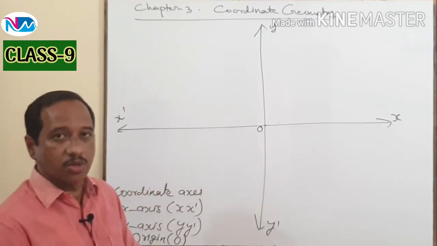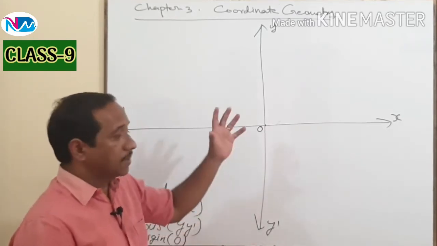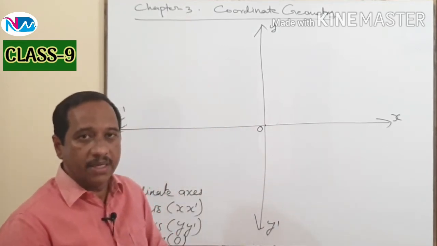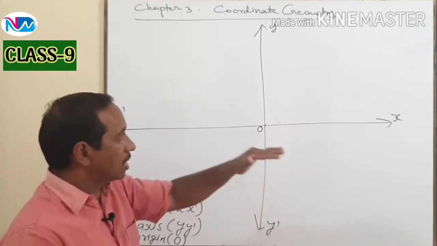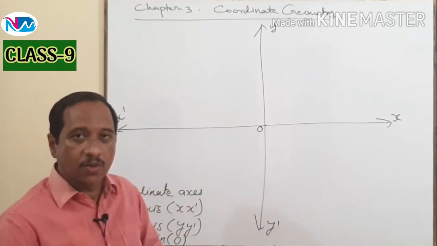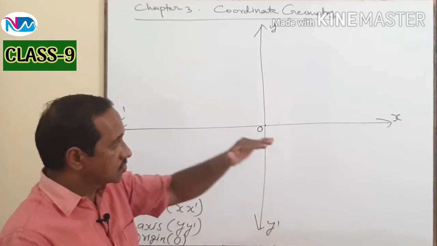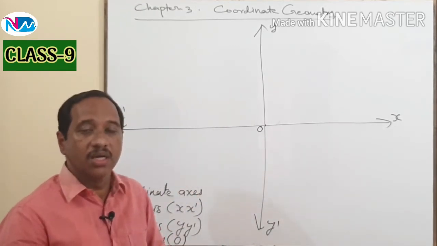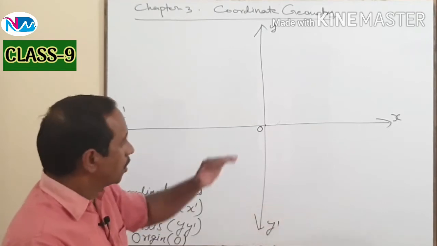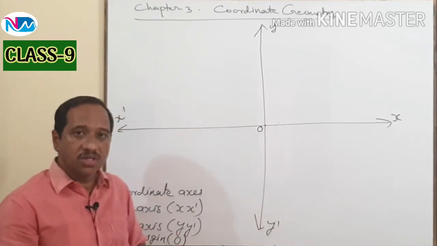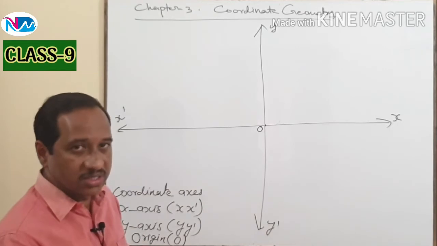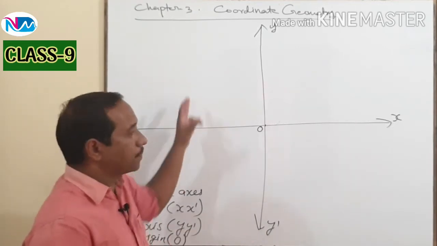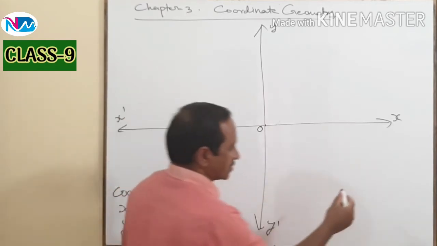In Cartesian system of coordinate geometry, a plane is divided into 4 parts by means of 2 perpendicular lines, which are called the coordinate axes. The horizontal axis is called the x-axis and the vertical axis is called the y-axis. The point of intersection of both the coordinate axes is called the origin, denoted by O. Here these 4 parts are called the quadrants.